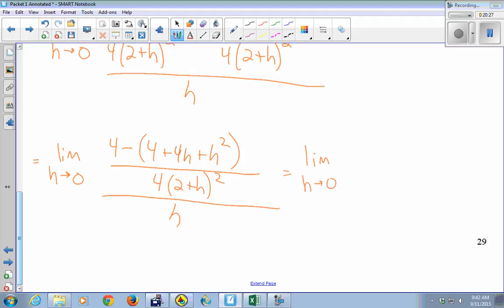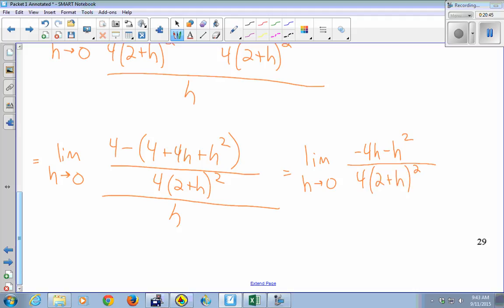Okay, when you distribute this negative, you get 4 minus 4, the 4's go away, right? Then you continue to distribute and you get minus 4h minus h squared over 4 times 2 plus h squared.